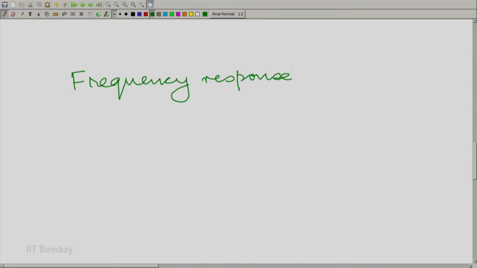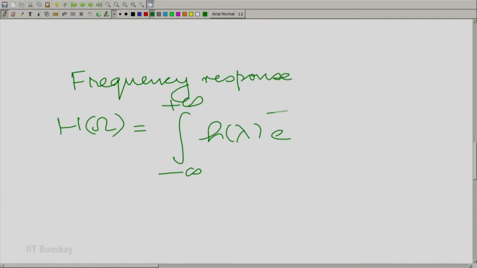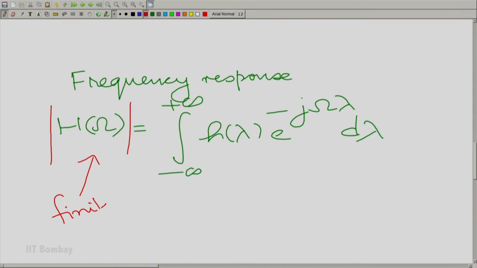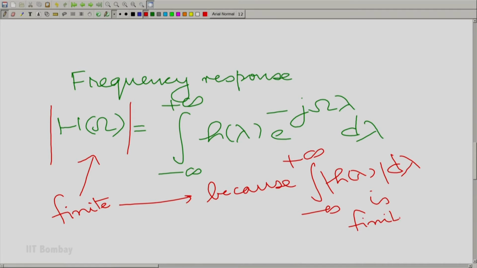The frequency response H(omega) is the integral from minus to plus infinity of h(lambda) e raised to the power minus j omega lambda d lambda, and the modulus of H(omega) is bounded, is finite, because of the absolute integrability of the impulse response, and that is where stability comes in. Now, of course, you can see that stability is a sufficient condition for the frequency response to exist.